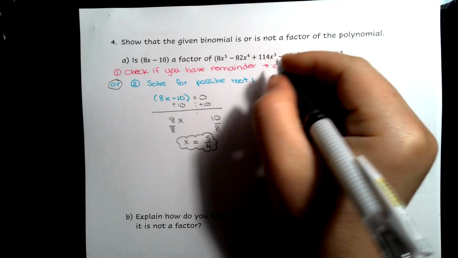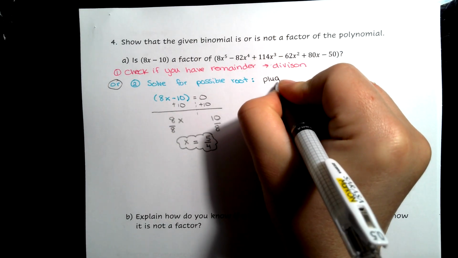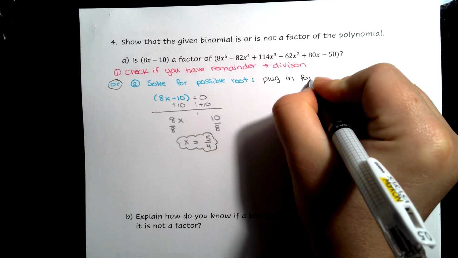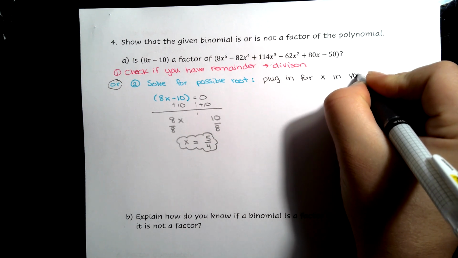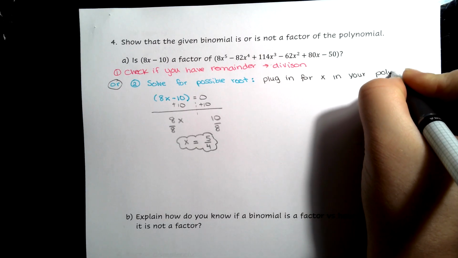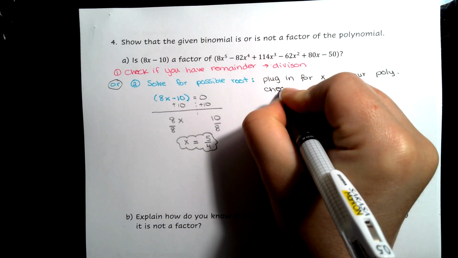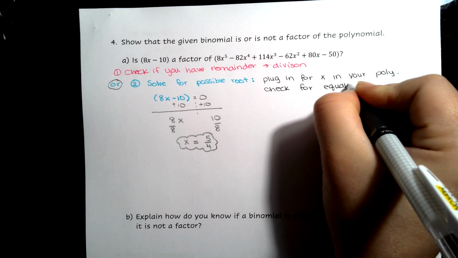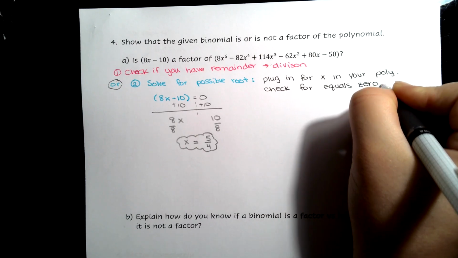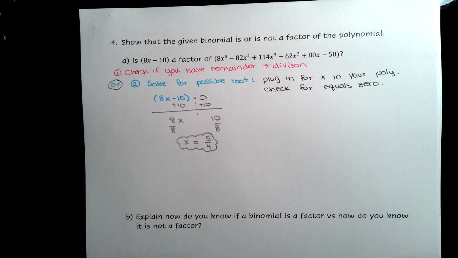So solve for the possible root, plug in for x in your polynomial, and then you're going to check for an equal 0. If yes, you have a 0, then that means yes, it is a factor. If it's not an equal 0, that means no, it's not a factor.